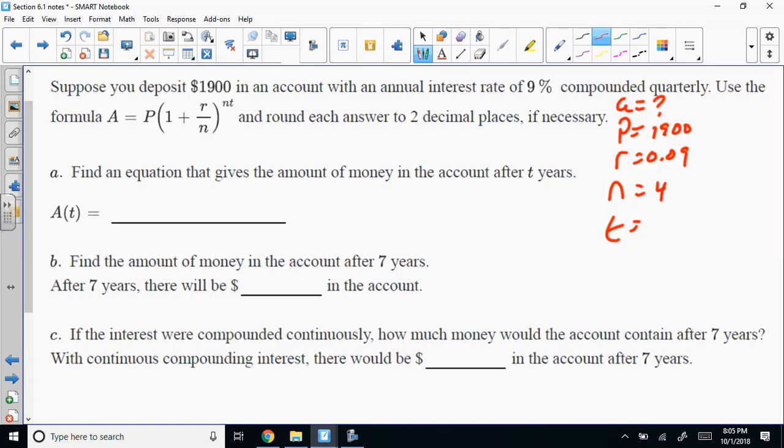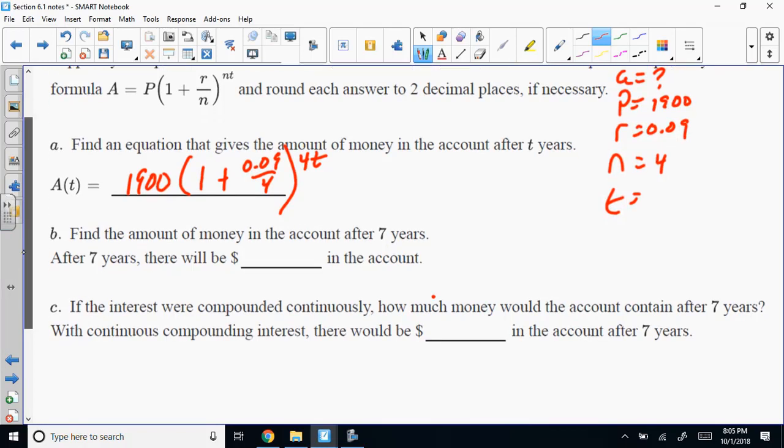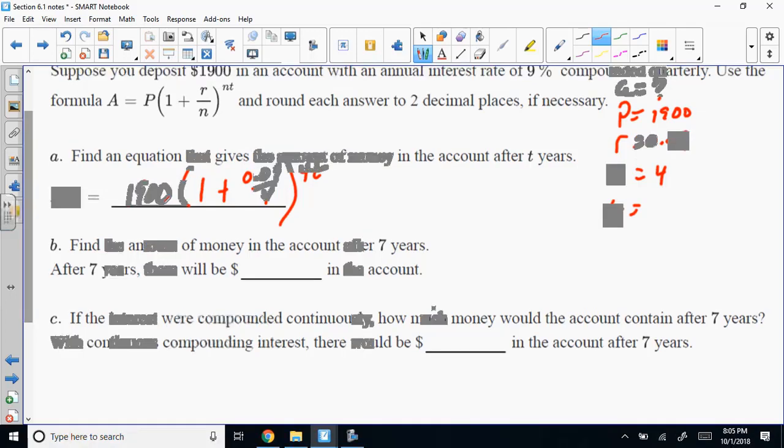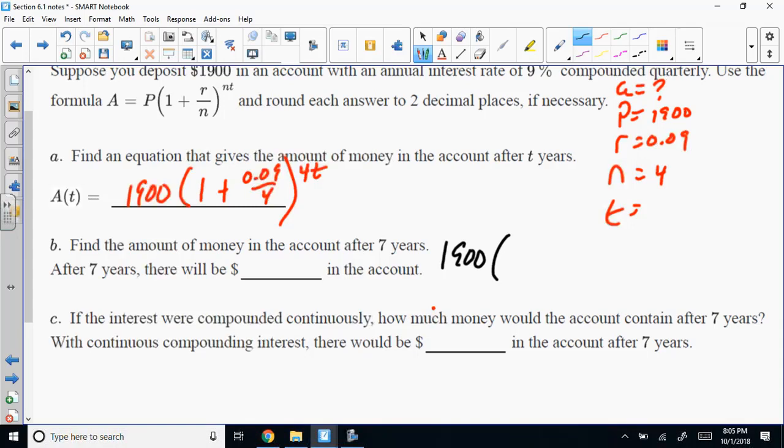So you do the equation 1,900 times 1 plus 0.09 over 4 raised to the 4t, right? And then they want you to find out how much would be in the account after 7 years, right? And that's 7 times 4, which is 28, right?